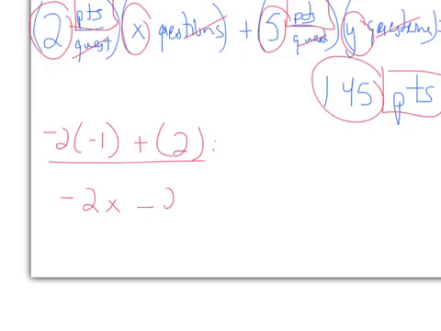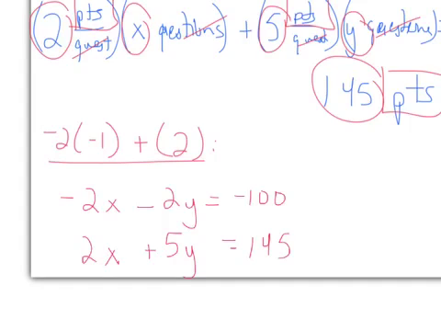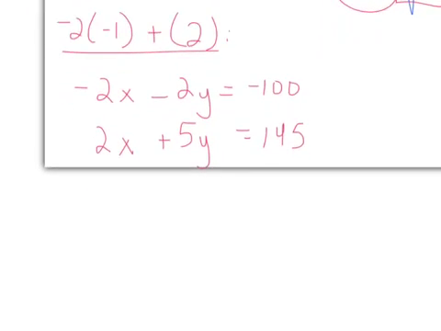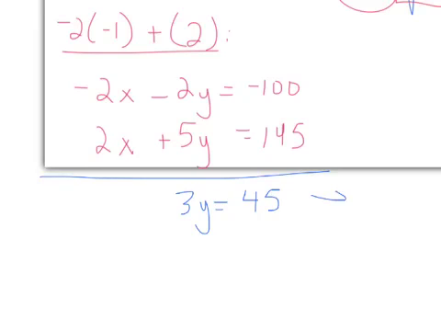-2x minus 2y equals -100. And then to that we're going to add equation 2. Equation 2 is 2x plus 5y equals 145. And we'll notice now that our x's have opposite coefficients. We can add straight down, giving us 3y equals 45, or simply y equals 15.